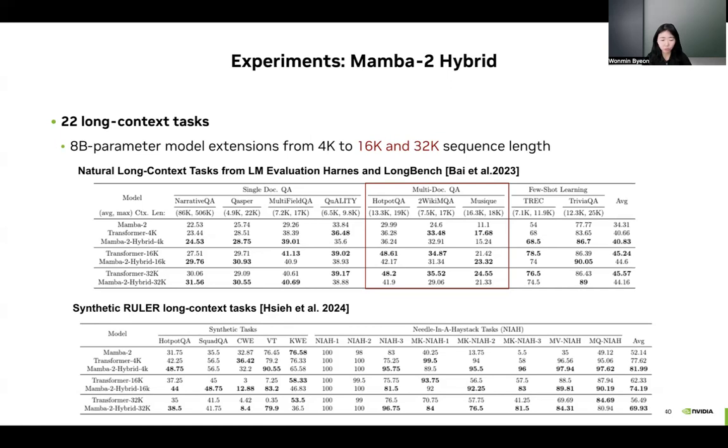But for the transformer models, we changed the frequency base of RoPE, so the positional embedding can be adapted for the longer sequence. We didn't do any other tricks that people do for long context, so this is just a pure, clean comparison among these models. Does that answer your question?